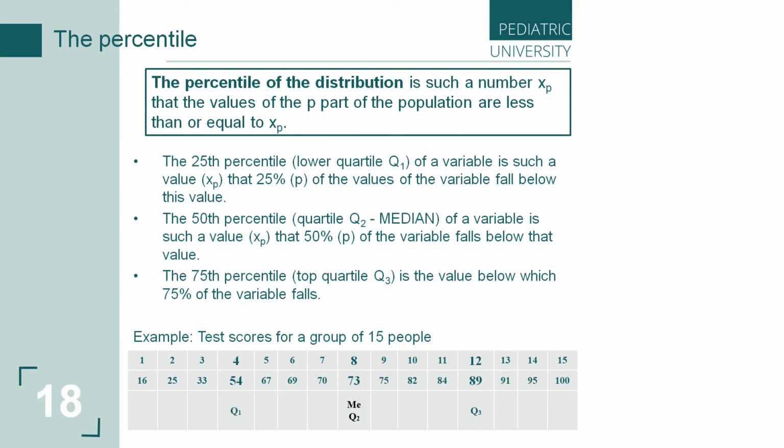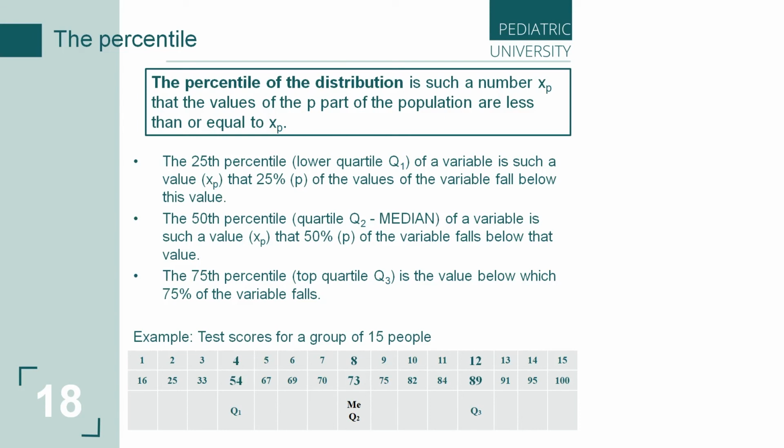The 50th percentile, also called the Q2 quartile or median, is the value xp that shows that 50% of the variable is less than that value. And the last one is the 75th percentile, also called the upper quartile, Q3, is respectively the value below which 75% of the variable values fall and 25% of the values are greater.